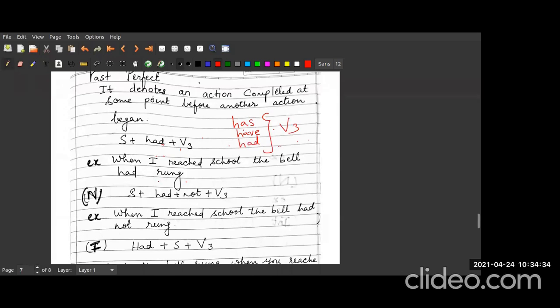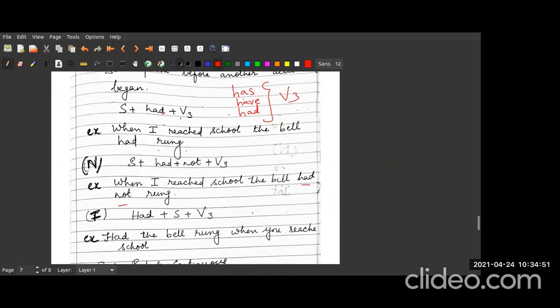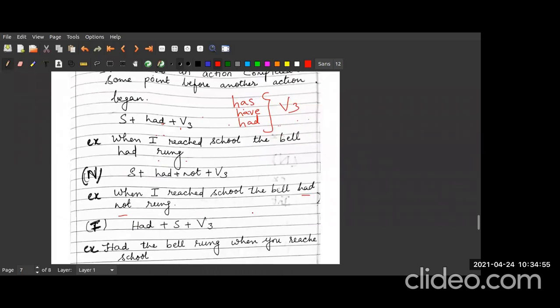So, and again, making the negative is very easy. When I reached school, the bell had not rung. तो बस एक वर्ड नॉट लगाना है had के बाद, then it becomes the negative. So making negative is very easy.